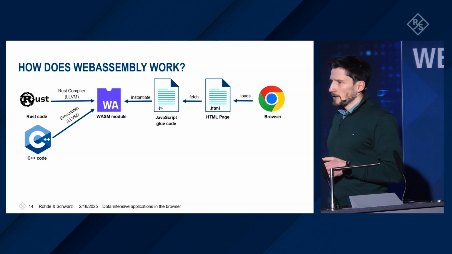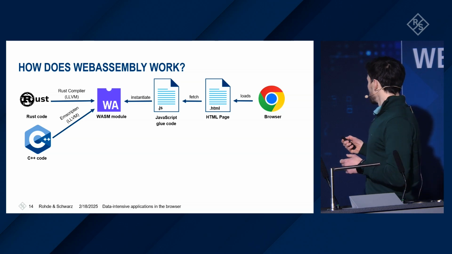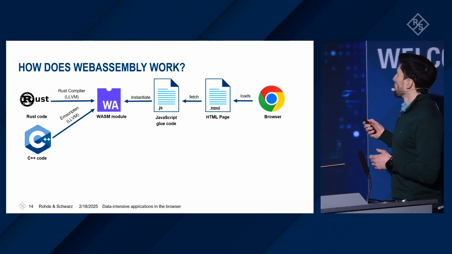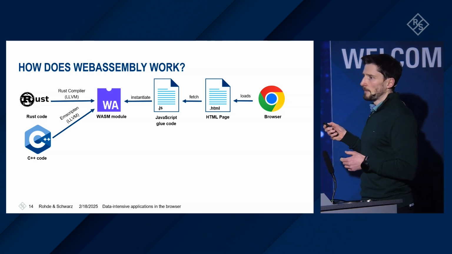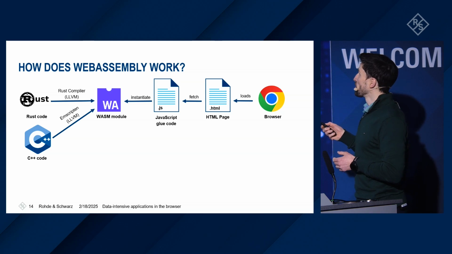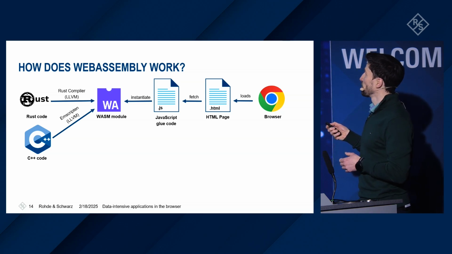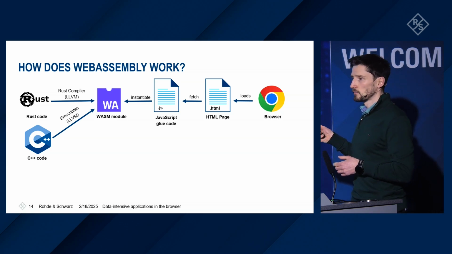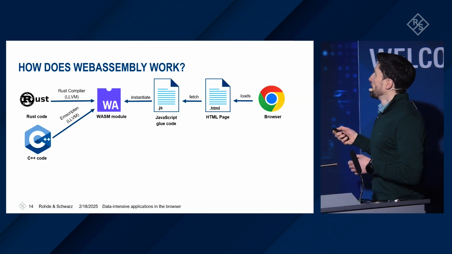And to integrate this WebAssembly module, you first need, like always in the web, an HTML page. So if you're the user, you're requesting this HTML page from the browser. And then in the HTML, you have to reference a JavaScript file.